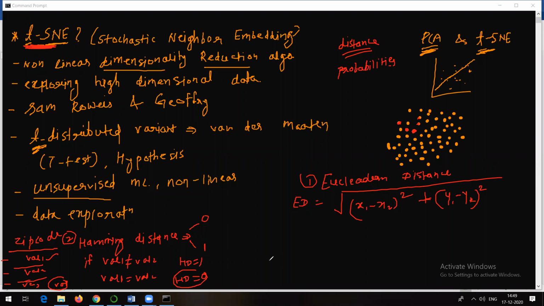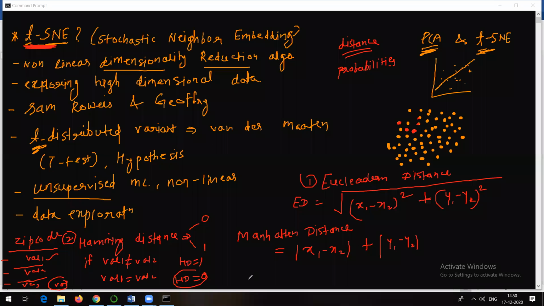And then there is something called Manhattan distance also. You might have heard about this particular thing also, Manhattan distance. So how to find out the Manhattan distance between the points? You might know that the formula goes like this: magnitude of x1 minus x2 plus magnitude of y1 minus y2. Something like this is the formula to use to find out the Manhattan distance.